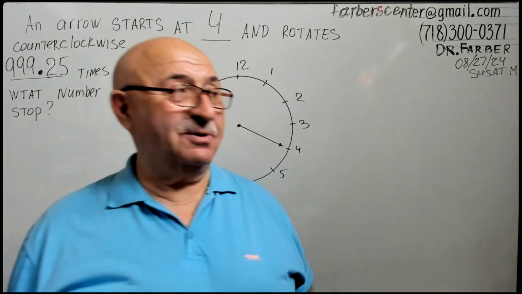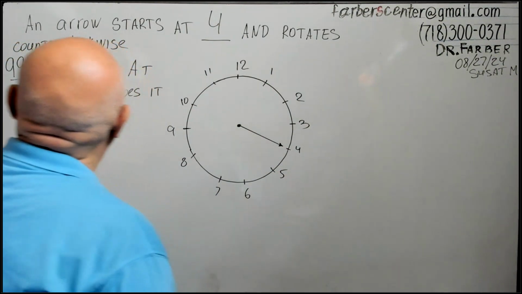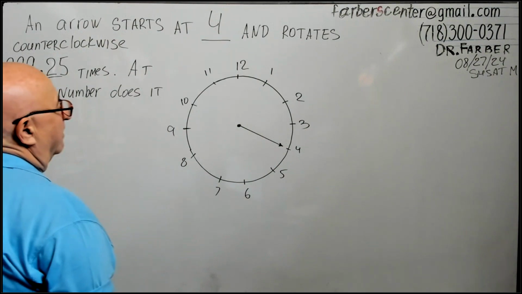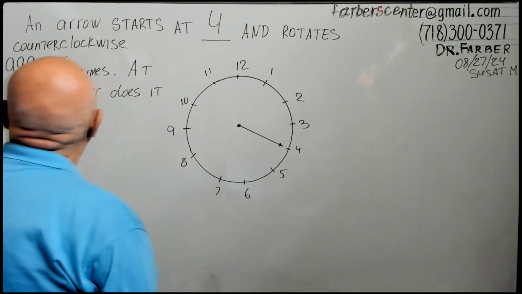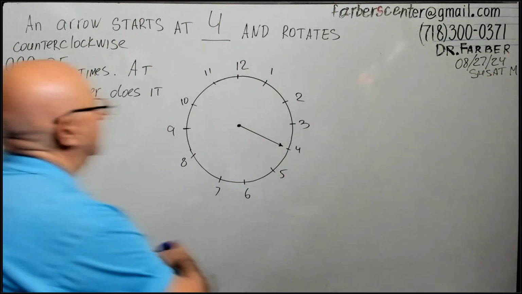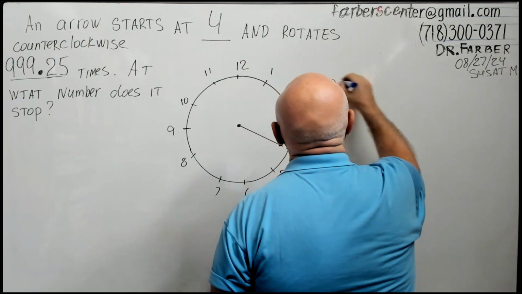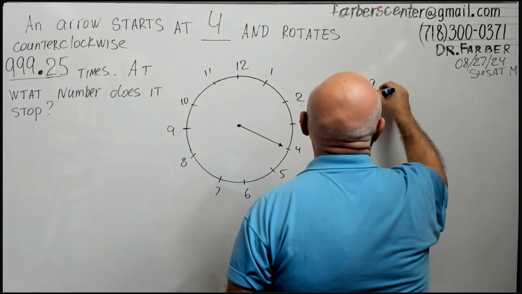Okay, let's do this together. No calculator, you know, right? I need room, probably start from here. Better to use, instead of 9.99, step number 1, 999.25.